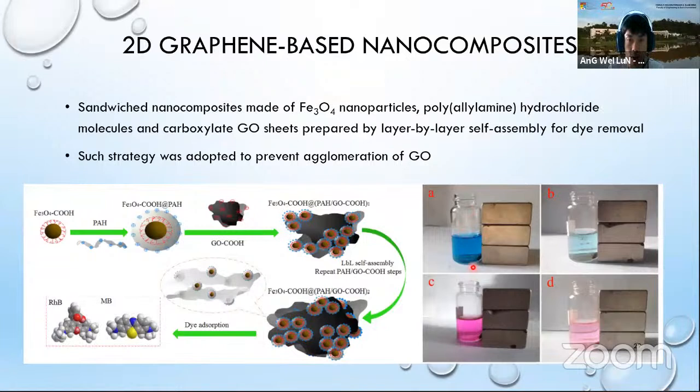When it is put into the dye solution, after a certain time you notice that the pollutants are being adsorbed by the adsorbent. And because you incorporate the iron oxide nanoparticles, you can use a magnet to remove or control the adsorbent particles here, okay?